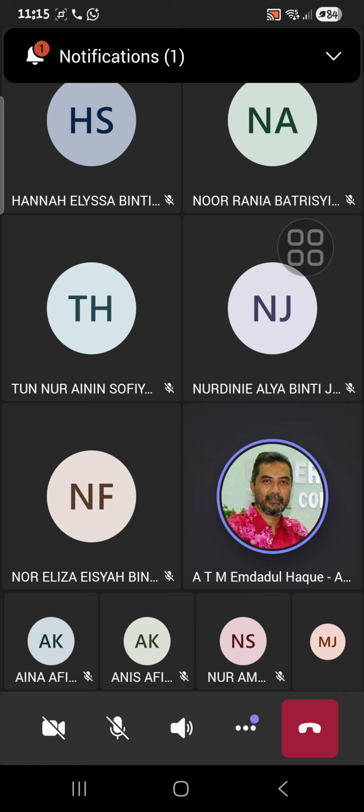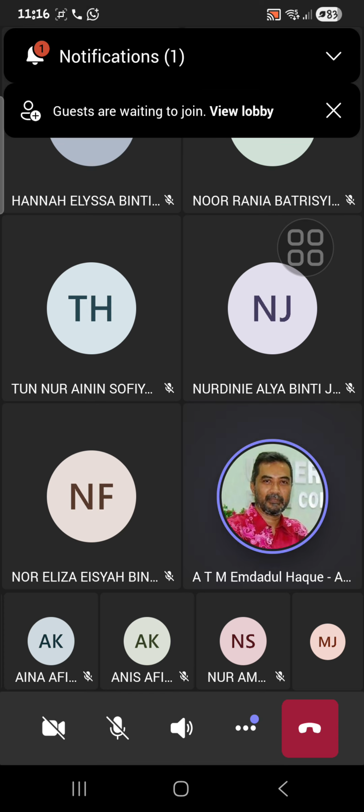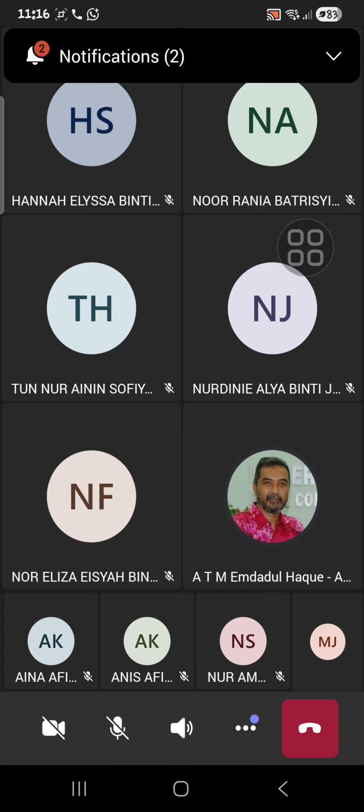If you have the sodium, potassium, urea and glucose results, then your formula will be 2 times sodium plus 2 times potassium plus urea plus glucose. You do the calculation, and you must write the unit of the osmolality, that is milliosmol per kg. If you don't write the unit, you won't get the marks. You must write the unit, milliosmol per kg.